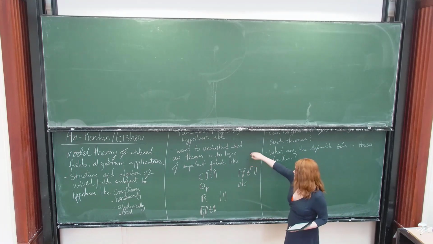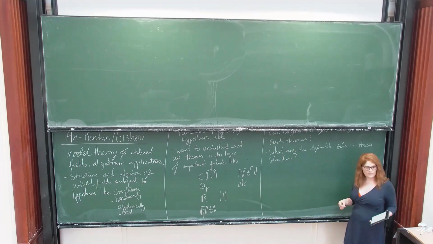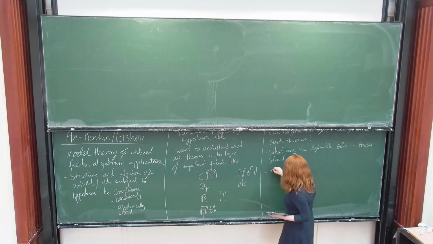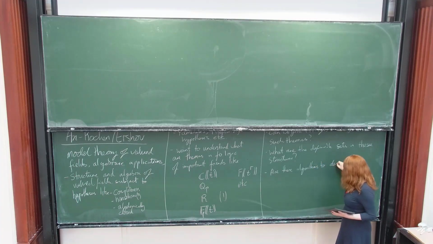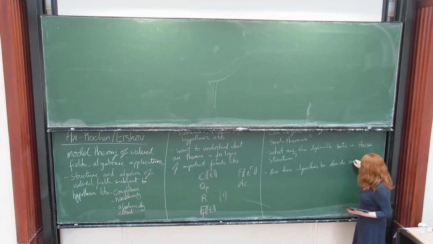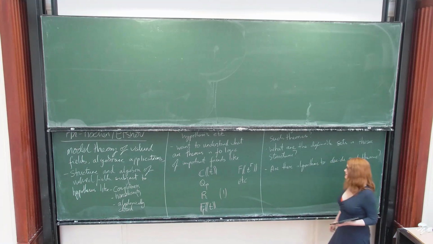That's a bit like asking the question of what the complete theories are, but with an eye to knowing whether you can answer that question algorithmically. So are there algorithms to decide such theories? Much like these questions that Kuhlmann was just discussing.